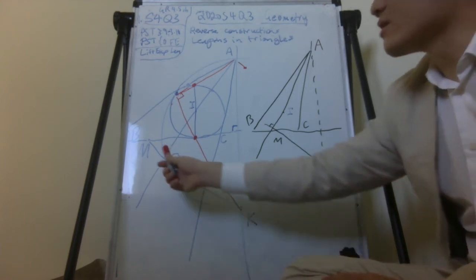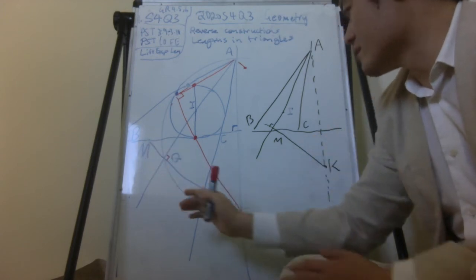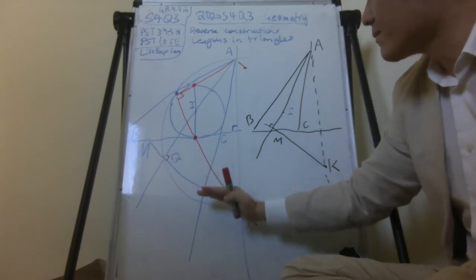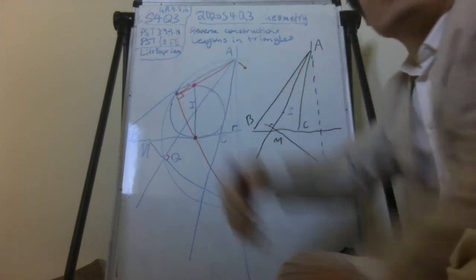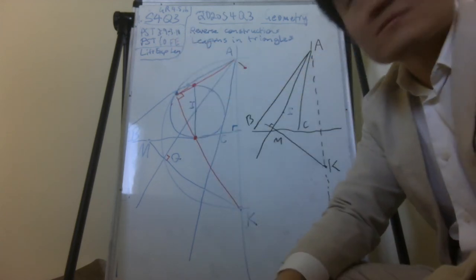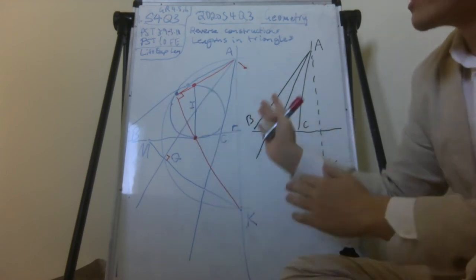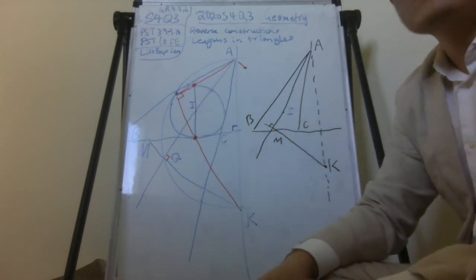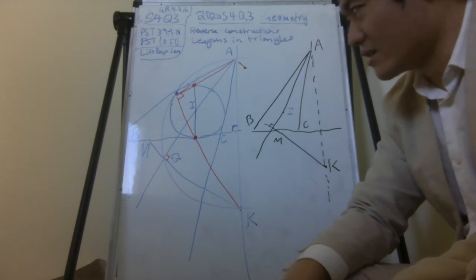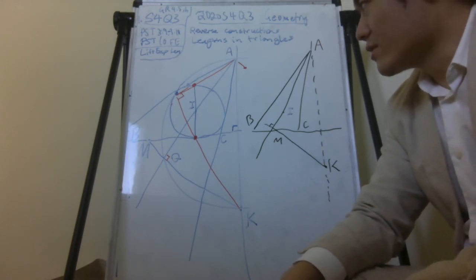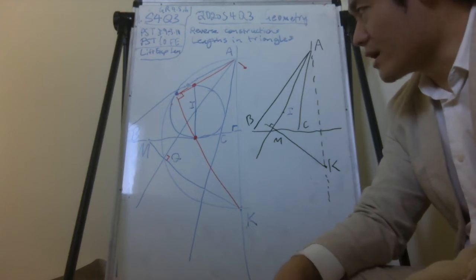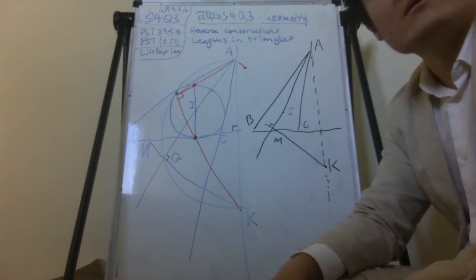And if you think about it another way, if you move the point M, obviously it's going to make the circle smaller, and if the circle gets any smaller, it's no longer going to touch. If it moves the other way, it's going to get bigger, and then it's not going to touch again. It's a very delicate equilibrium that exists. So then all you would have to show is that M would have to be the midpoint.